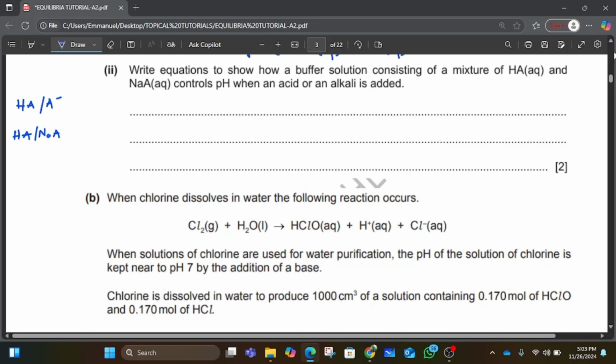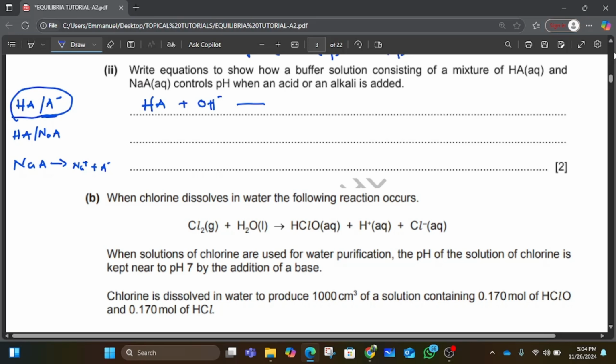Now, we can get the conjugate base from the salt. So this conjugate base over here, we can get it from the salt NaA. You know, a salt will always dissociate in solution to give you the ions in it, so Na plus and A minus. Now, for this combination to act as a buffer, it means that first, when we add a small amount of a base, OH minus, it is going to react with the acid, which is HA.